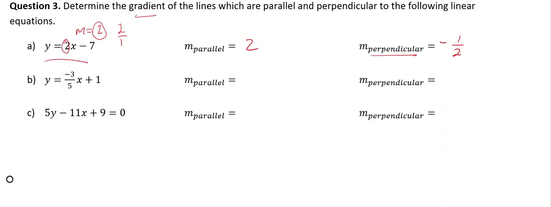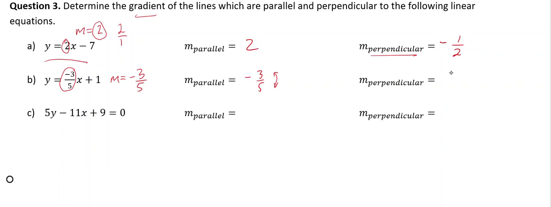So if we look at the second one, again we look at the gradient of the line that we've been given. Our m is negative 3/5, and that's the x coefficient. So the gradient that's parallel is just simply that same gradient, so negative 3/5. Now, if we're after the gradient that's perpendicular to that, again what we do is we find the negative reciprocal, so we simply flip the fraction and we change the sign.